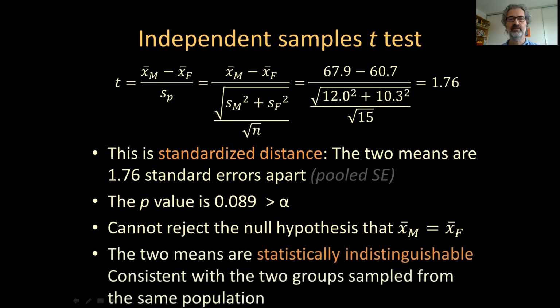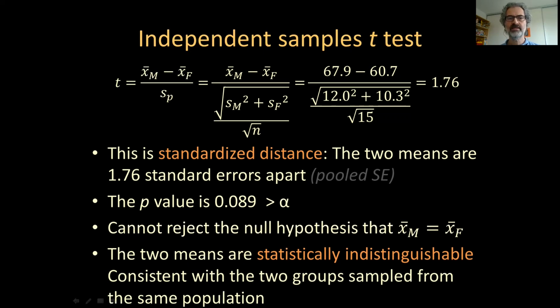That null hypothesis cannot be rejected. In other words, we say that the two means are statistically indistinguishable, and that our two groups are consistent with sampling from one and the same population. These are all alternative ways of stating the same conclusion.